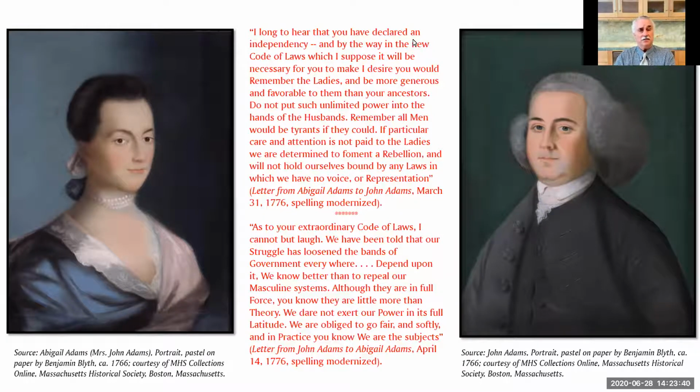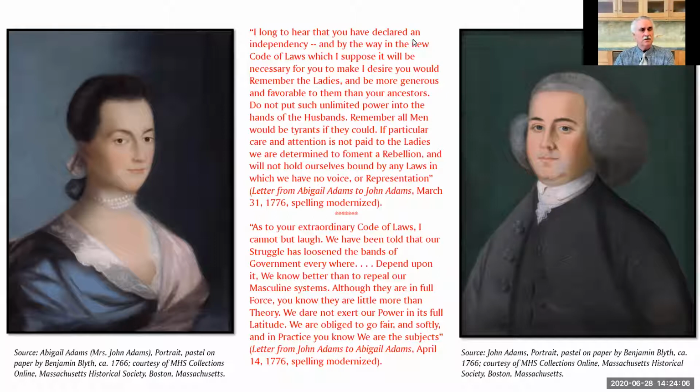Depend upon it," he told his wife, "We know better than to repeal our masculine systems." And then he becomes very condescending. "Although they are in full force, you know they are little more than theory. We dare not exert our power in its full latitude. We are obliged to go fair and softly, and in practice, you know we are the subjects, not the masters."